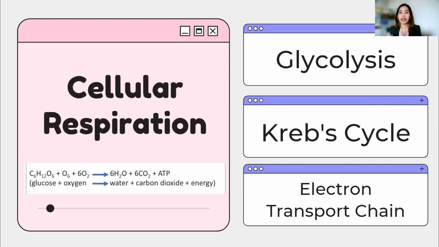Ito yung parang pera natin na pinangbibili natin sa labas or sa mga tindahan. Pero sa cell, ito yung ginagamit naman natin to consume para sa different activities ng cell natin. And meron tayong glucose at oxygen na kino-convert into water, carbon dioxide, and ATP, or the energy.